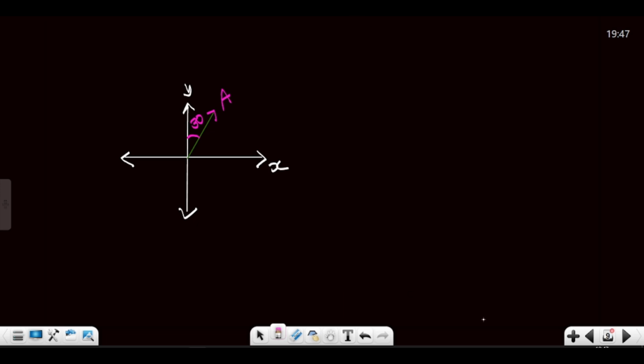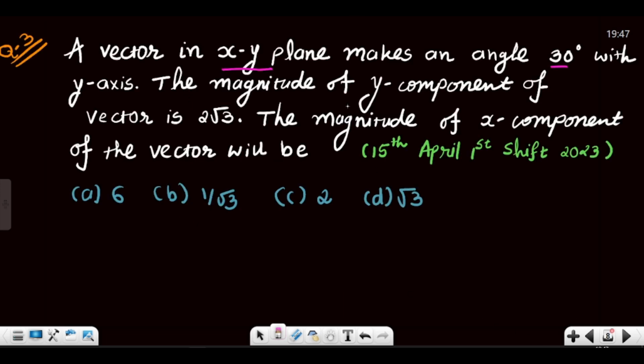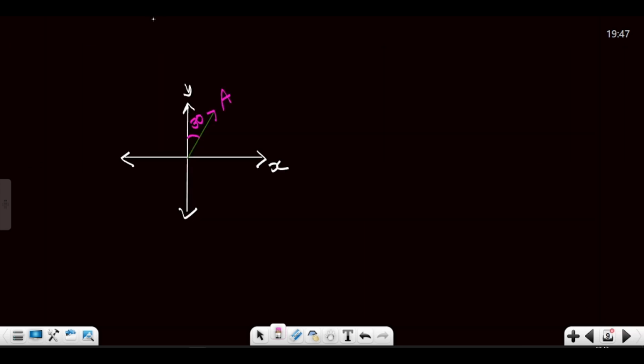They have said that the y component of the vector is 2 root 3. What will be the magnitude of the x component? See, this component will be a cos 30 and this component will be a sin 30.